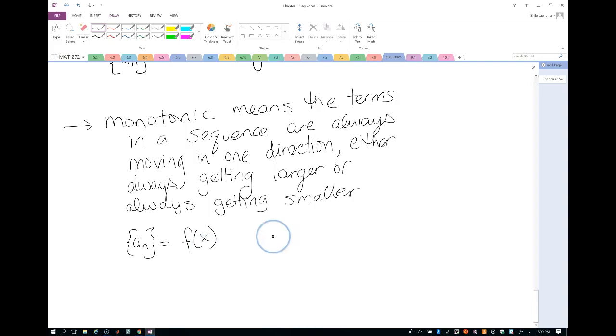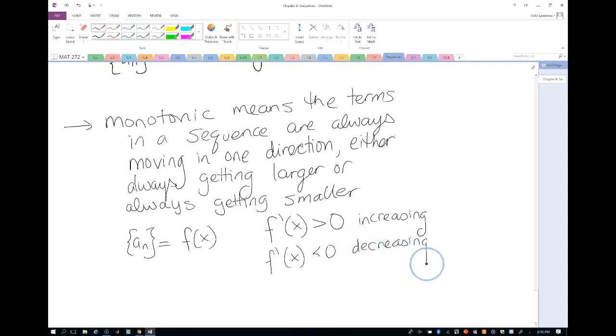In Calculus 1, you learned that f prime of x can be used to determine if a function is increasing or decreasing. So if f prime of x is always positive, that meant that the function was increasing. If f prime of x was always negative, then it was always decreasing.